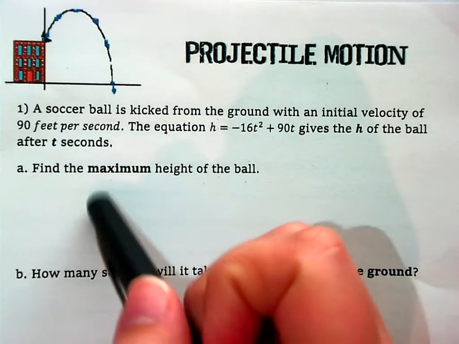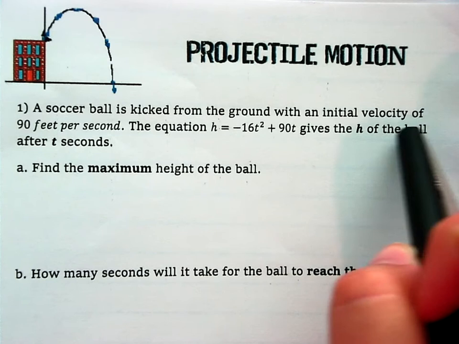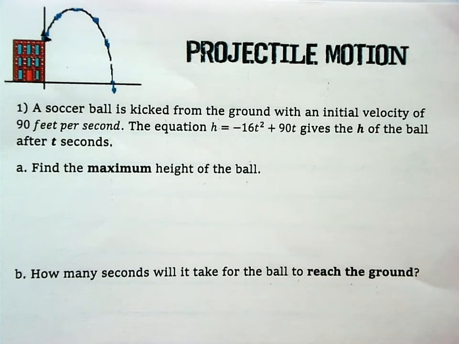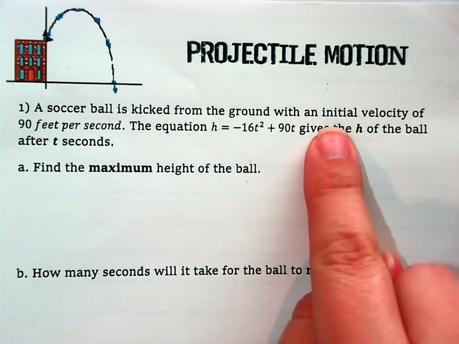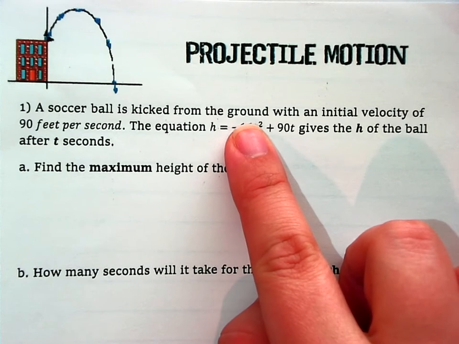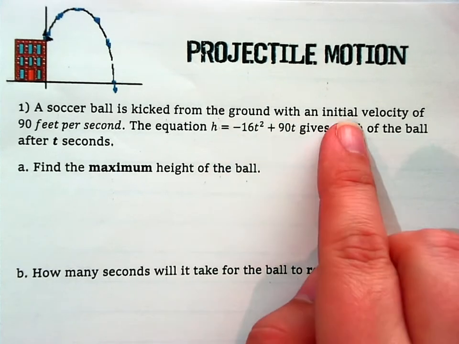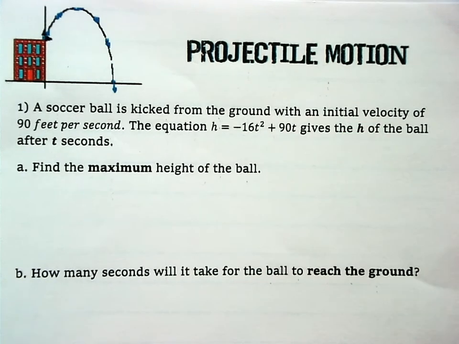So, number one, a soccer ball is kicked from the ground with an initial velocity of 90 feet per second. You're going to see these words, initial velocity, kicked from the ground, because it is telling you that everything went right in this scenario.